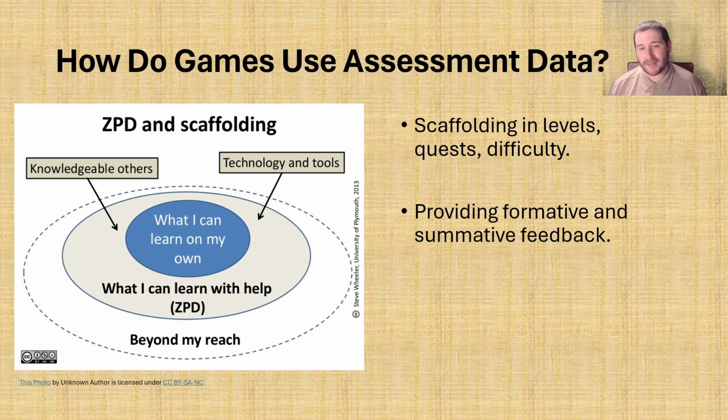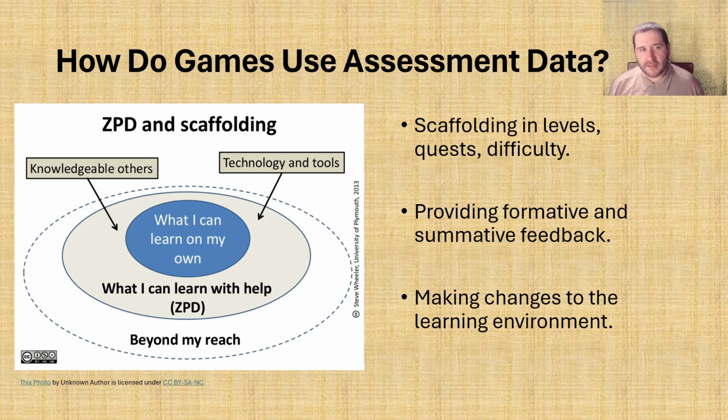So you might complete a level, complete a task, complete a quest, and then you get feedback at the end on how you did, right? 3 out of 5 stars, or they give you a score number. You got 8,000 points, so that's good, but not as high as the top score, right? But the important thing, though, is that the game is assessing these variables, it's collecting data, and it's then reporting that back to the student in some way.